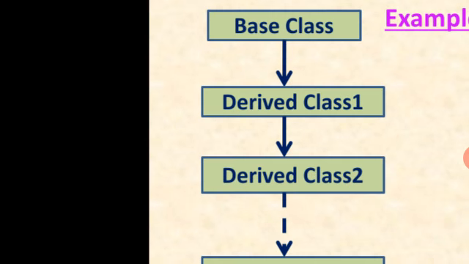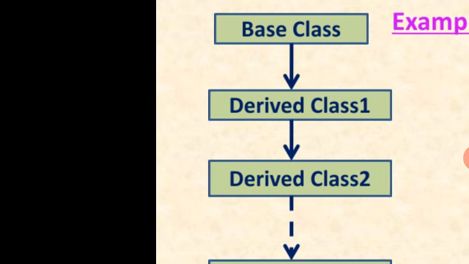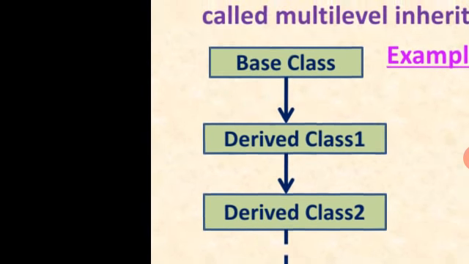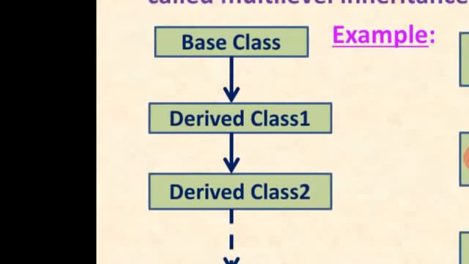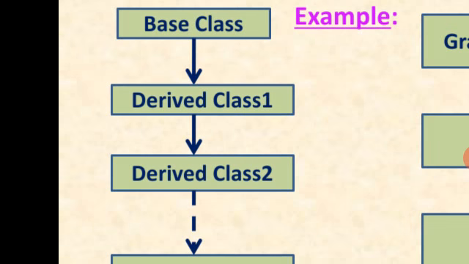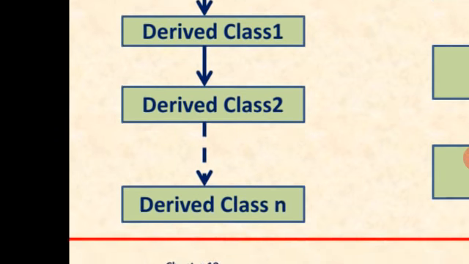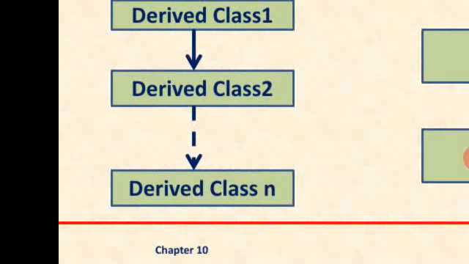To understand multi-level inheritance, first consider the base class. From the base class we have created one new class, that is derived class 1. Again, from the new class we have created, we create one more class, that is derived class 2. Like that we can create n number of classes.